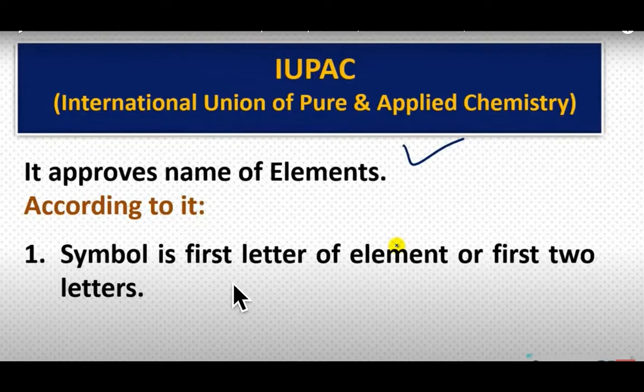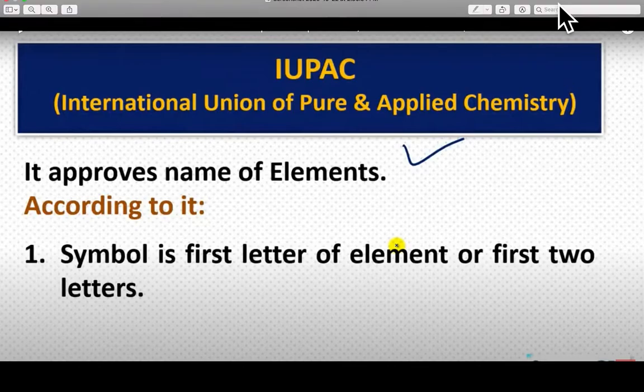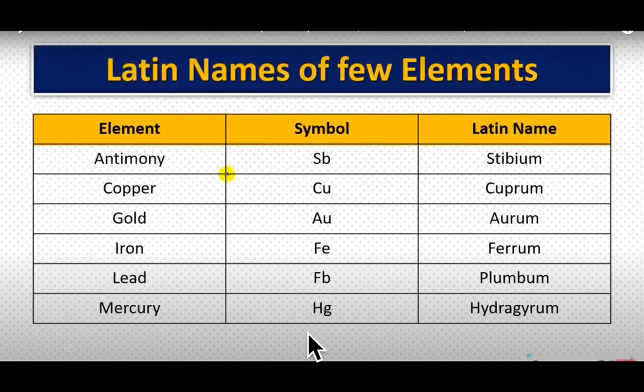So the symbol is the first letter of the element or the first two letters. For example, carbon C, hydrogen H, oxygen O.